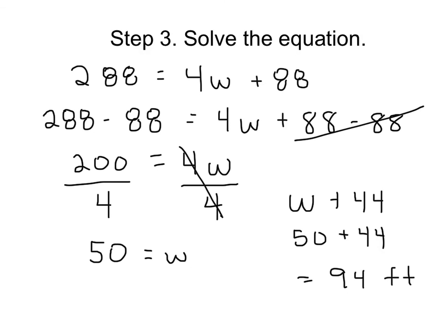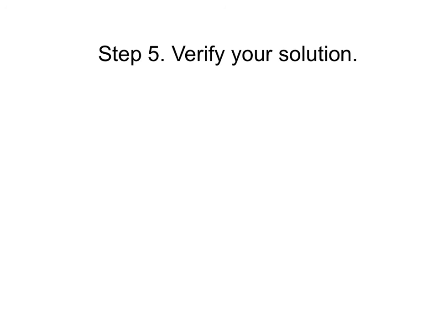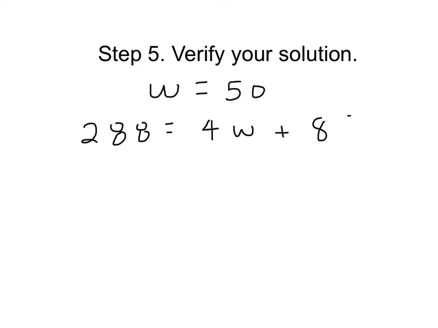Before we can make sure that this is correct, we should verify our answer of 50. To verify our solution of W equals 50, we're going to substitute that 50 into our original equation. 288 equals 4 times W plus 88.